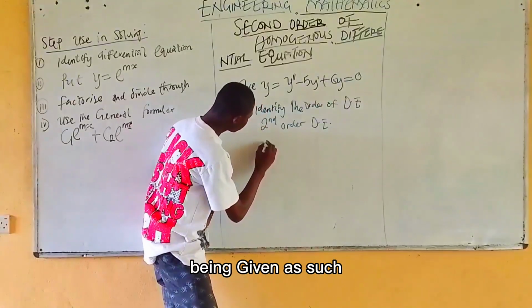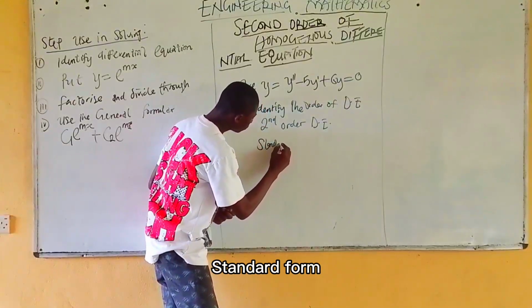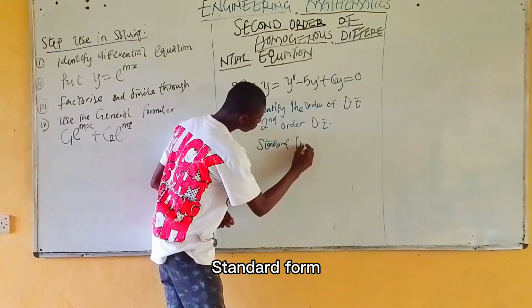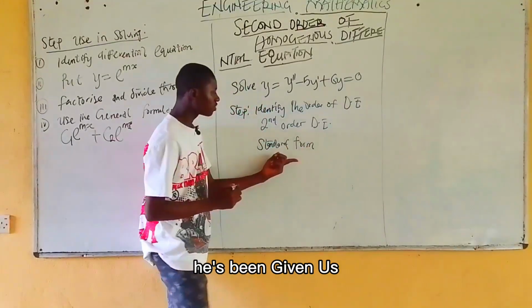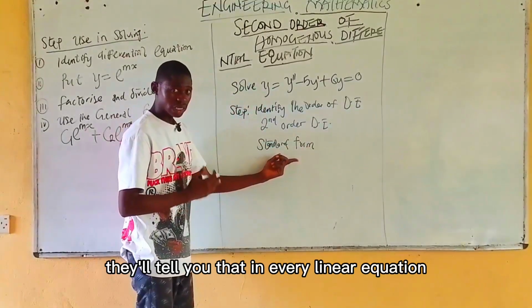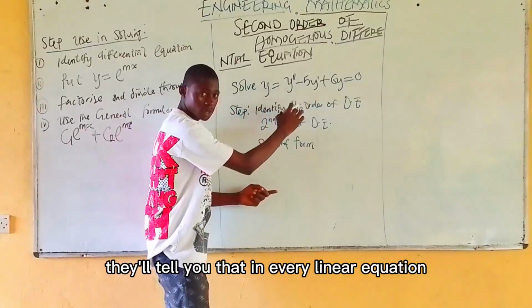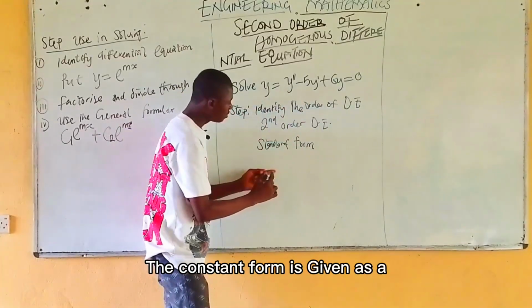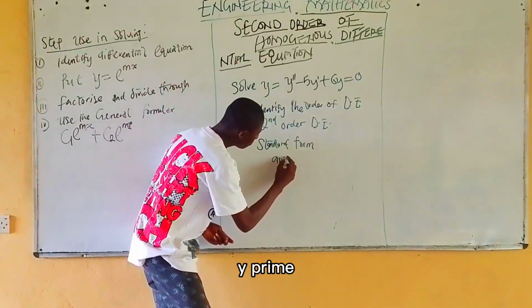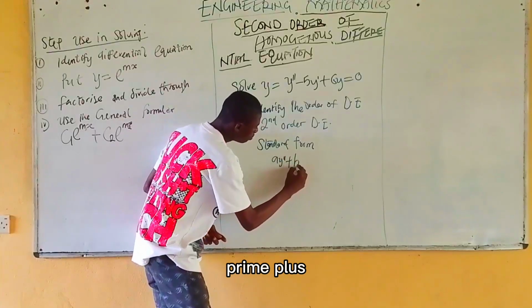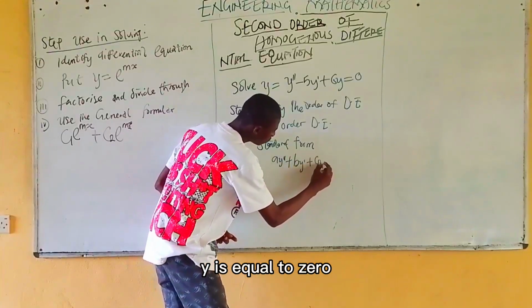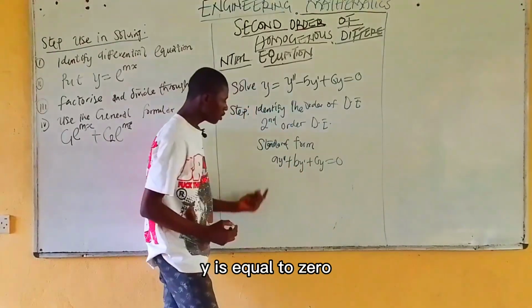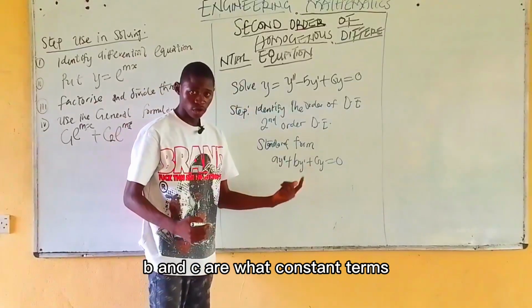Now, for you to complete the first step, you have to say that from this equation, the standard form is given as, you know, when you go back to JSS3, they will tell you that in every linear equation, the standard form is given as ay'' + by' + cy = 0, where a, b and c are constant terms.